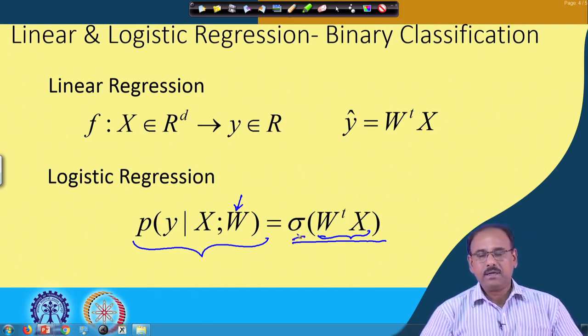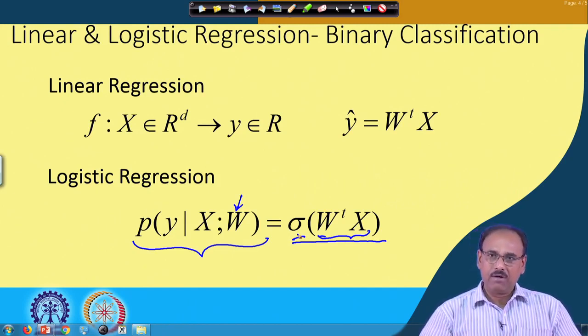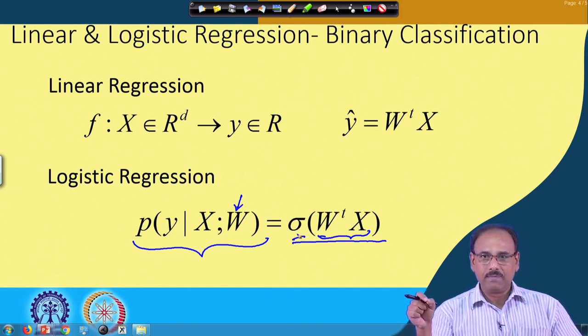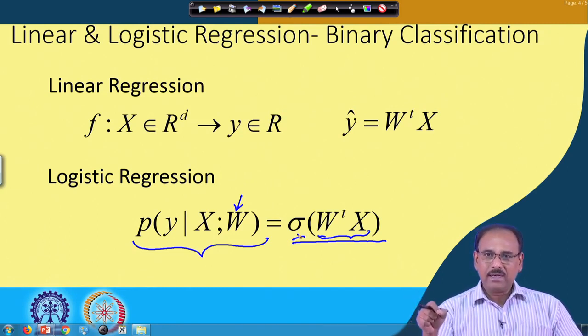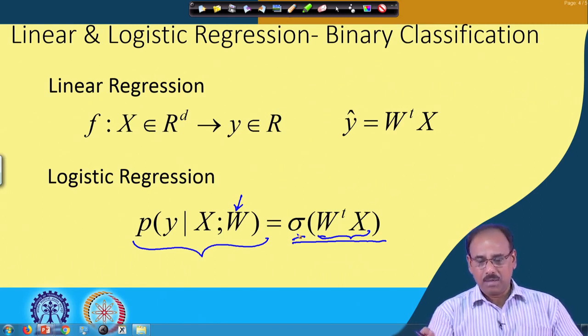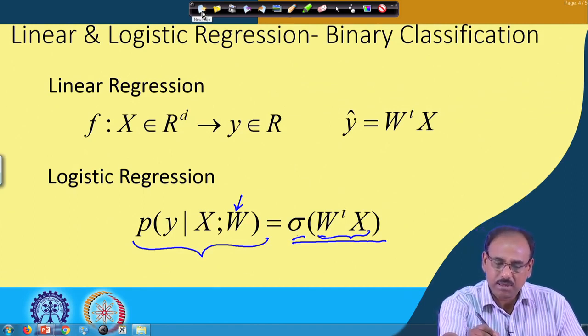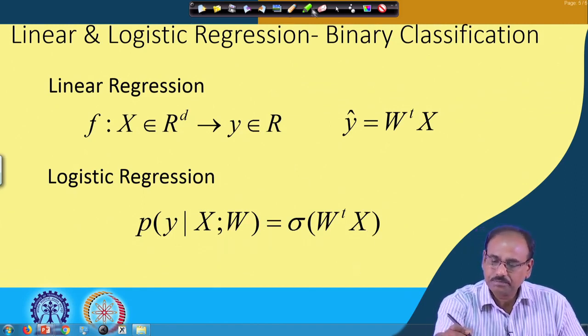As we said, if my data vector x is far away from the separating plane, my confidence level is very high. In other words, I can say that the probability of class y is very high. So, I can convert this distance measure into a probability measure, and that is what is done by this function sigma.